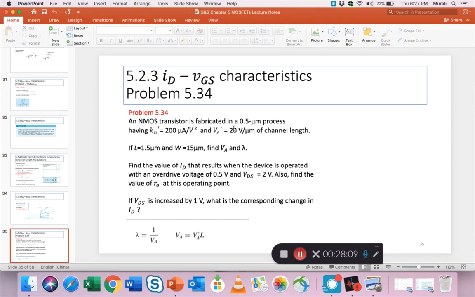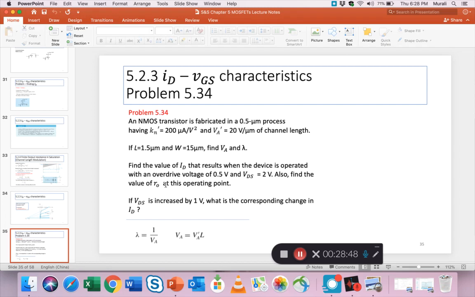This is a new value, so you'll see how it is used in this formula to find lambda. Then Ln and W are given. With Ln and W, first find VA and lambda, then find the value of the drain current that results when the device is operated with a certain overdrive voltage. Then he also says find the value of RO, the output resistance with channel modulation. If you remember, this was in the model.